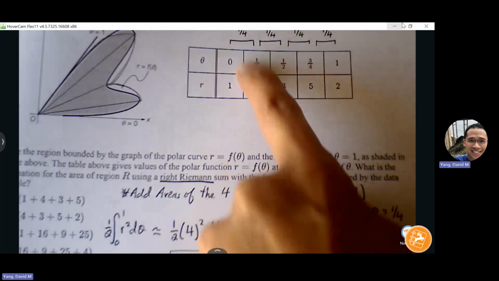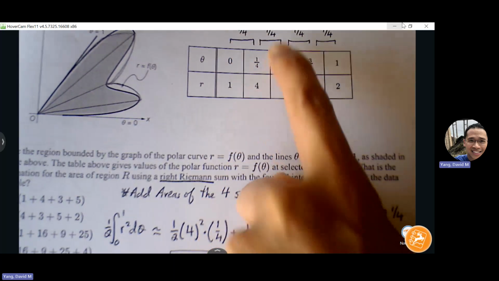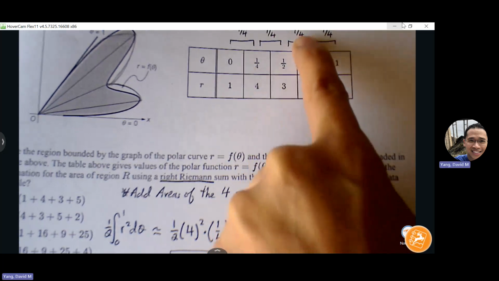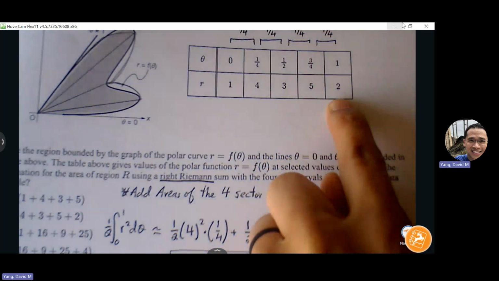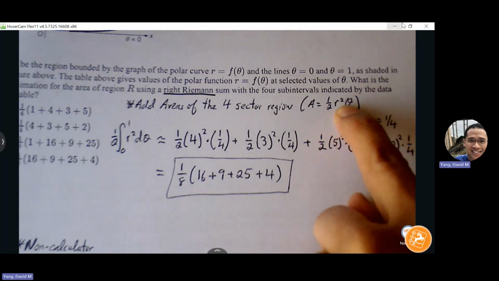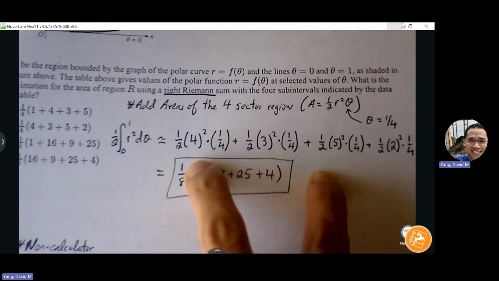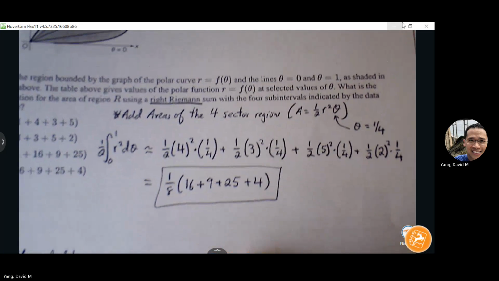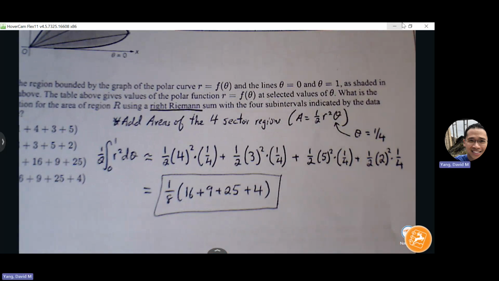So my theta is 1/4, my r is 4. And then it's 1/4 and 3, 1/4 and 5, 1/4 and 2. However, it's not just base times height, right? It's 1/2 r squared theta. So we need to include the 4 squared, the 3 squared, and 5 squared. So we're adapting Riemann sums for sector regions.